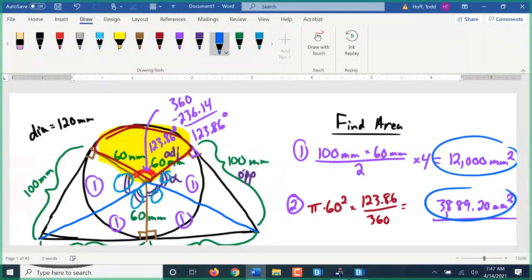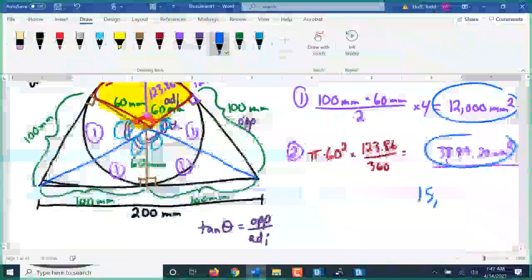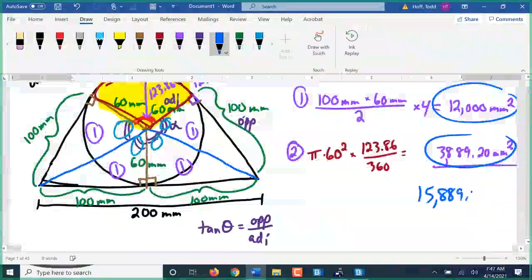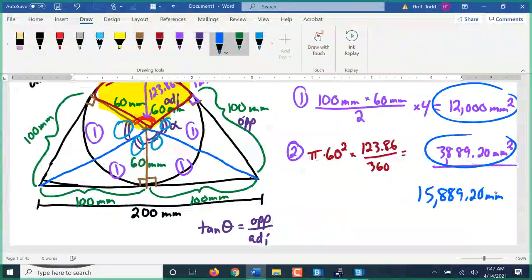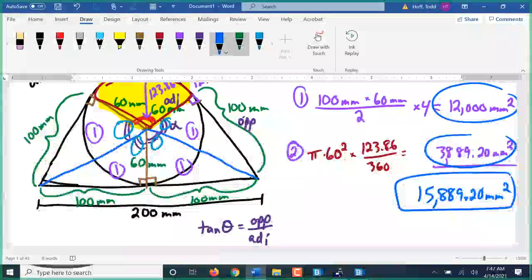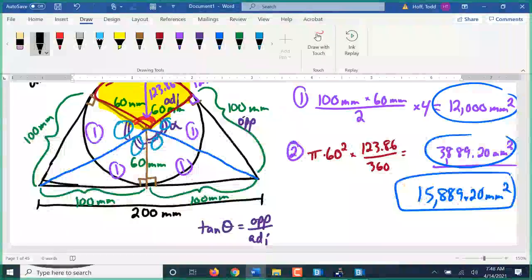Add those two together, 15,889.20. What do you think?